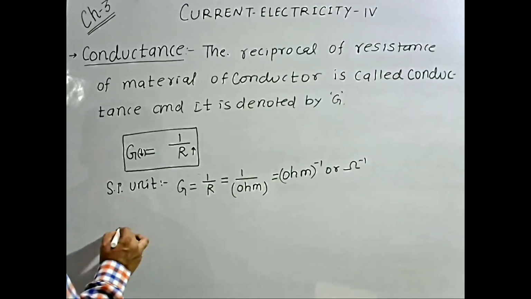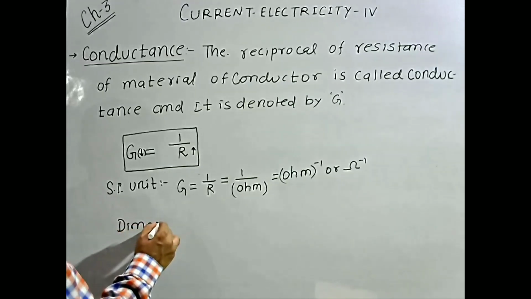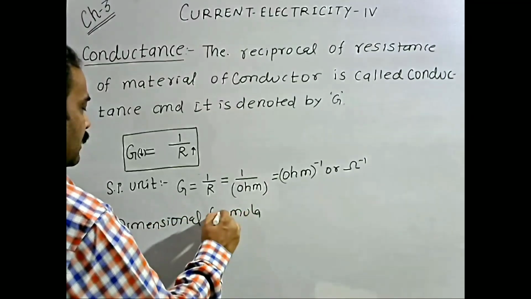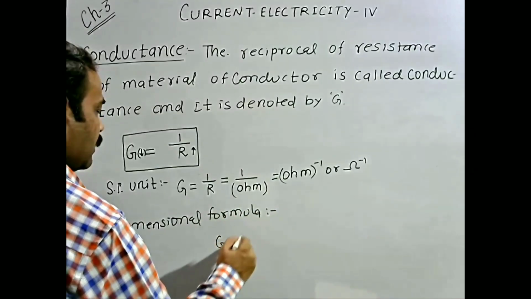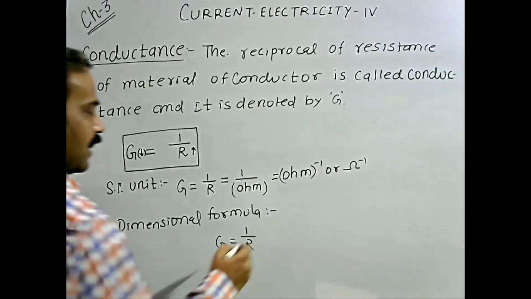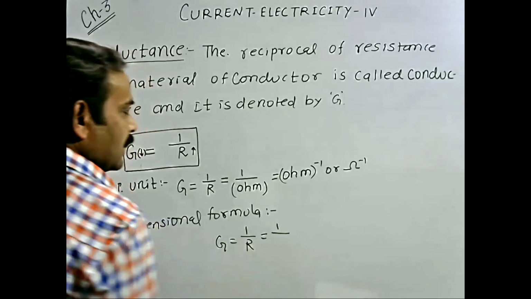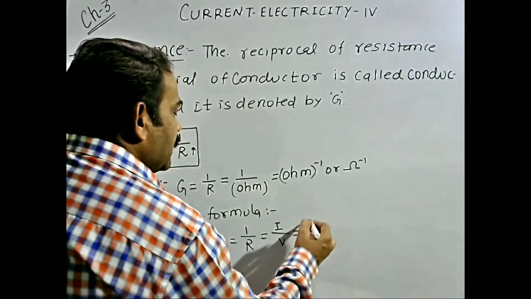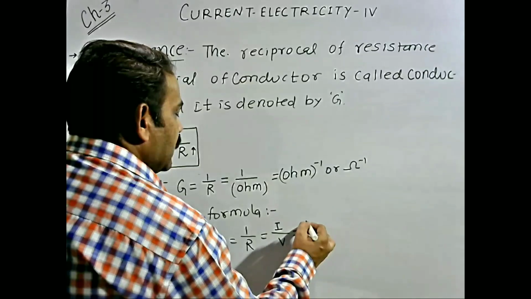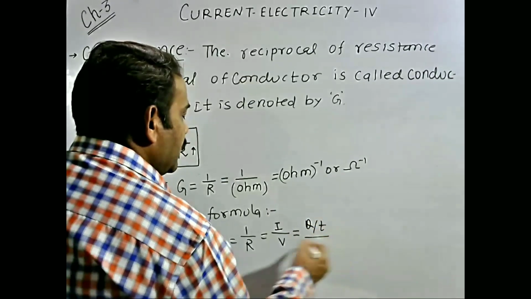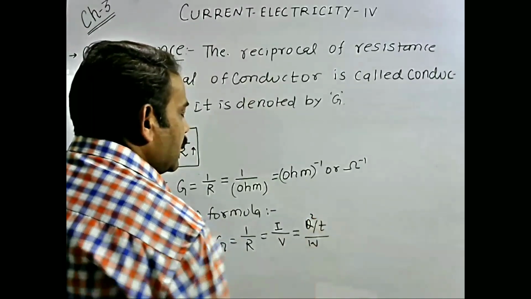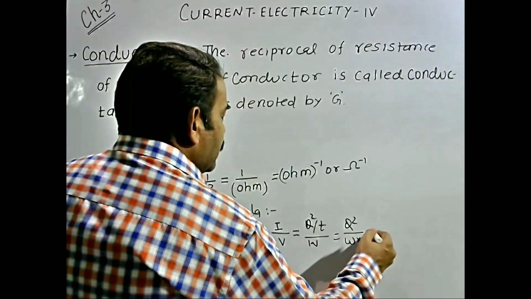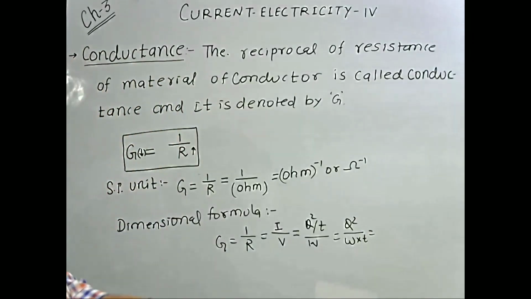So dimensional formula here you can obtain by using G equal to 1 upon R. As I discussed, R is equal to V upon I. So this is I upon V, and I we know that Q upon T and V equal to W upon Q. So here it is Q square by W into T. Now you can put the value of Q square and WT.